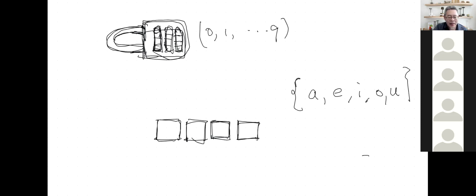Say if you use the A for the first one, you cannot use A for the second, third, or fourth. So this is called permutation without repetition. So how many choices in this case? We still use the same principle. Looking at how many choices for the first letter, how many choices on the second letter, how many choices on the third, and how many choices on the fourth.